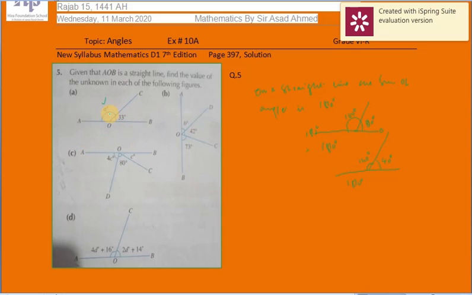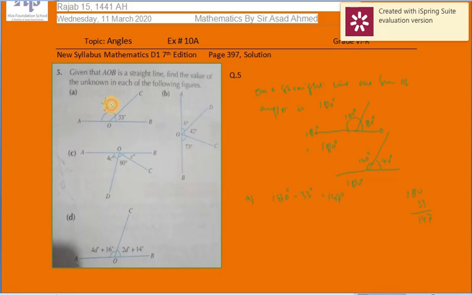The 33 is there, so what will be A? In part A, we just subtract 180 degrees minus 33 degrees, and we can use a calculator or do it manually: 10 minus 3 is 7, 7 minus 3 is 4, and 1 is 0, so 147 degrees.